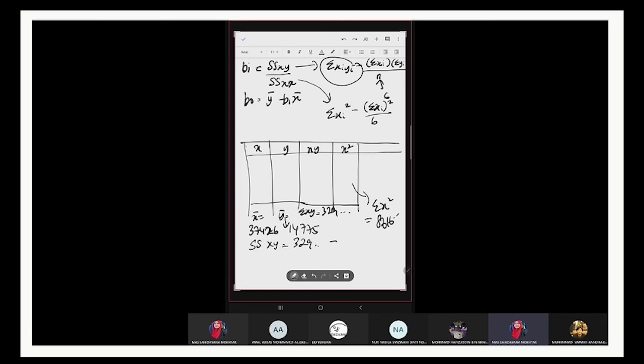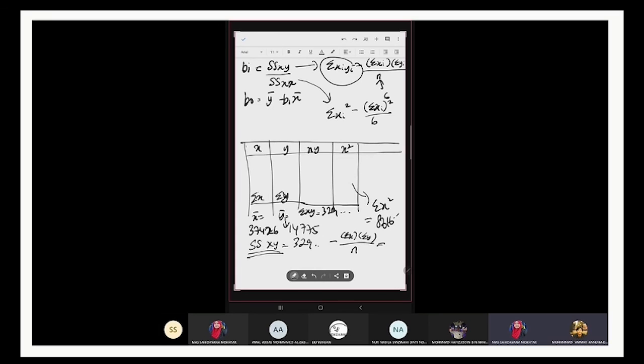How about the sum of x and the sum of y? You take the sum of x times the sum of y and divide by n. What will you get for the Sxy? The Sxy should be negative. Yes, you should get negative 208 plus.